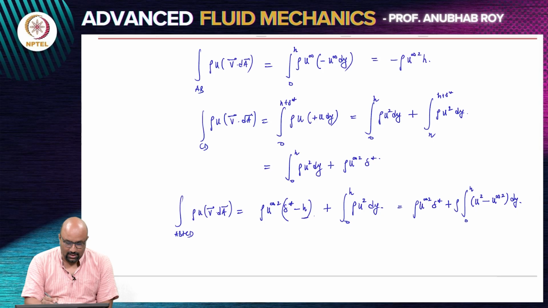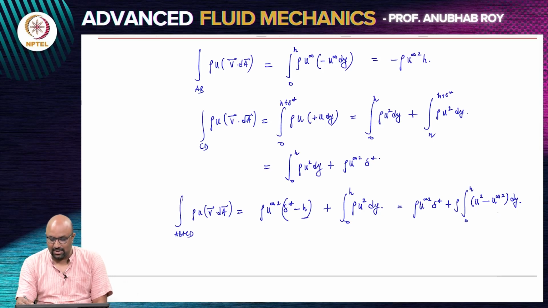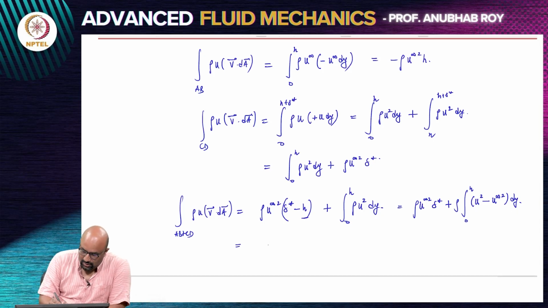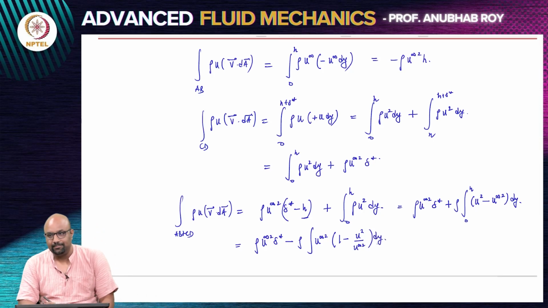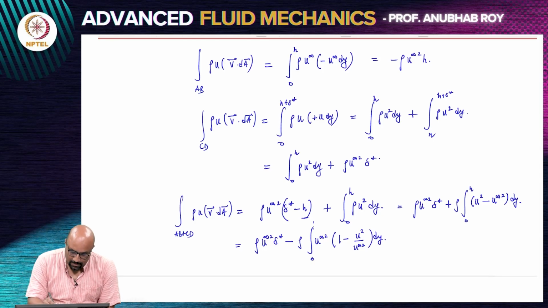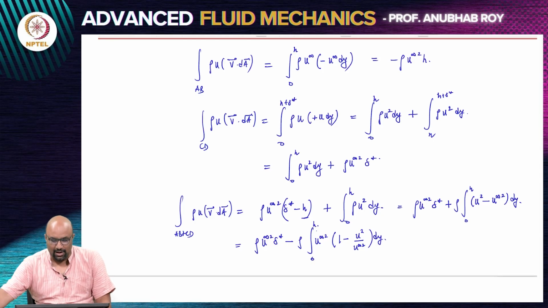This particular term, rho u infinity square h, I can write as rho u infinity square integral 0 to h dy. So, what I have here now is rho u infinity square delta star, and I will take a negative sign outside, u infinity square times 1 minus u square by u infinity square dy. So, that is what I have now for my difference in the influx and the efflux of momentum.